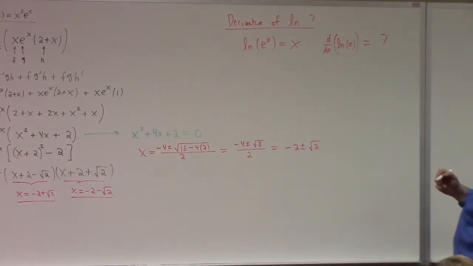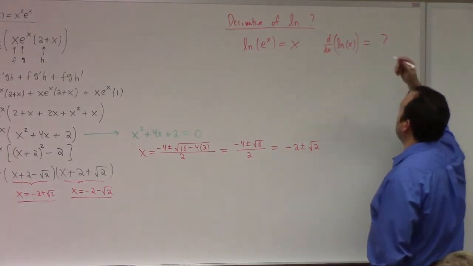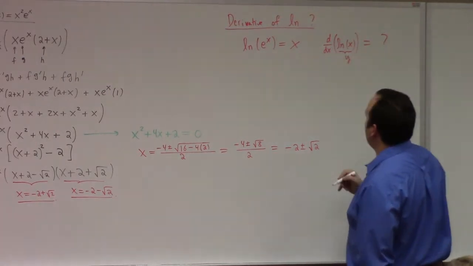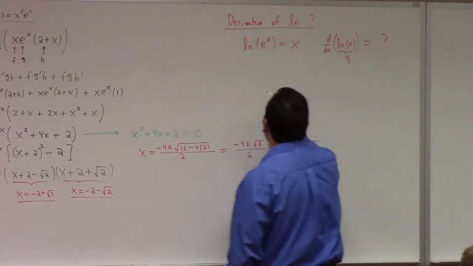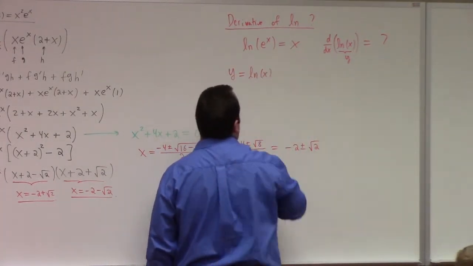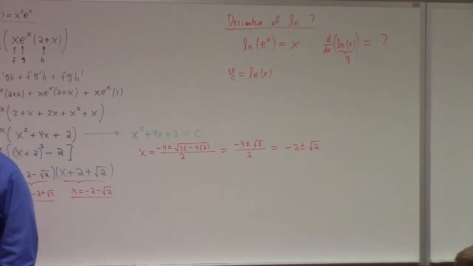Well, since we don't know what it is, let's say that this thing is y. Let's figure it out. Let's say y is equal to ln of x. You with me? Let's give a name to the thing we want to differentiate. Let's call it y. Why not, right?